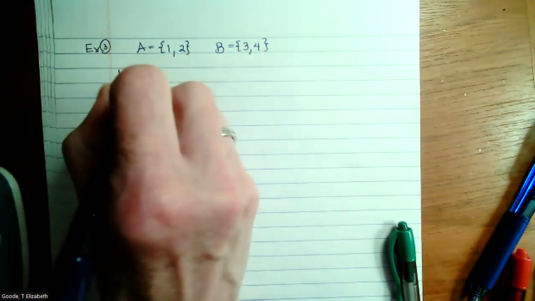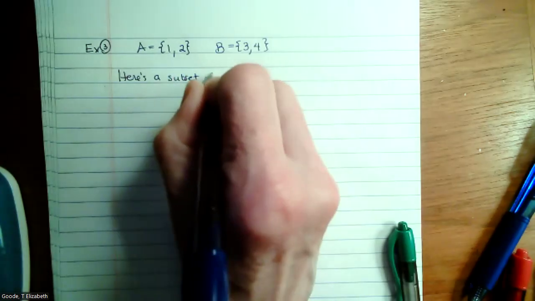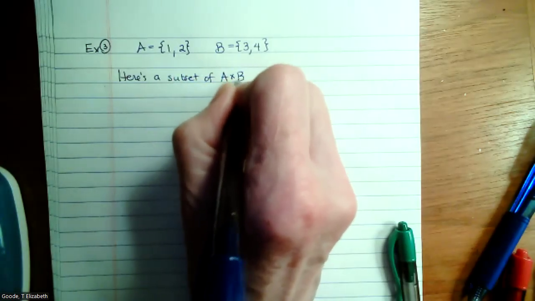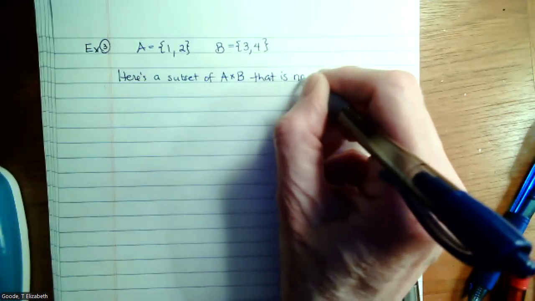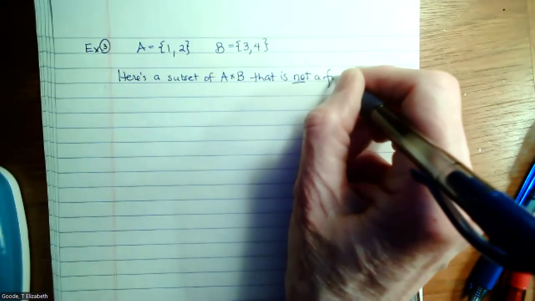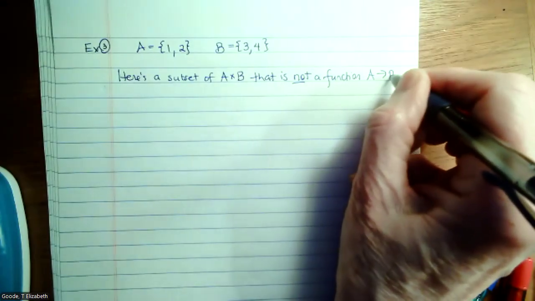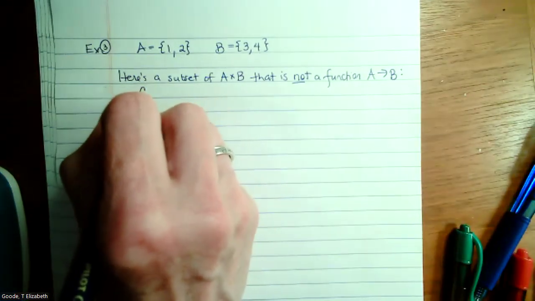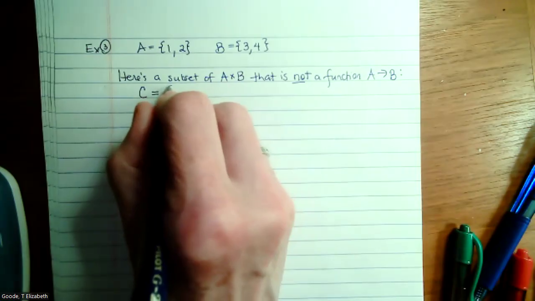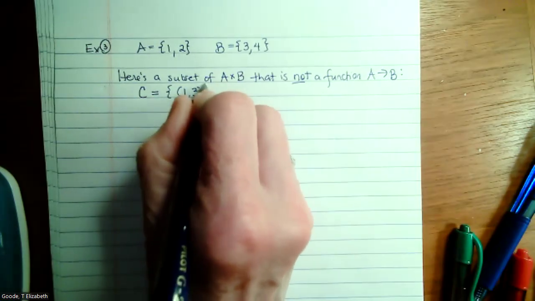Here's a subset of A cross B that is not a function from A to B. I'm going to call this subset C. What if we just say 1 is going to map to 3?